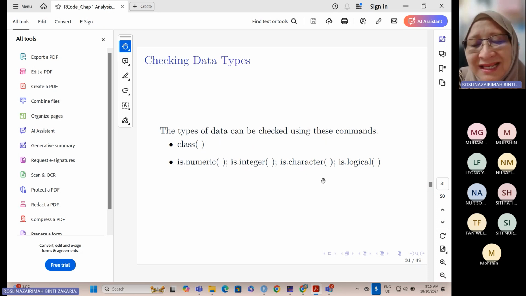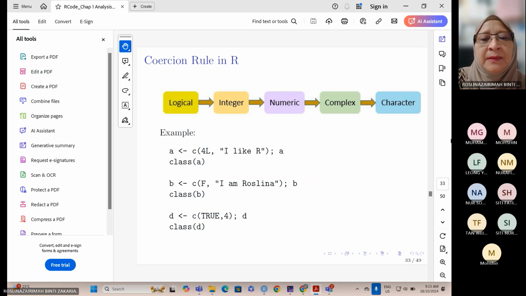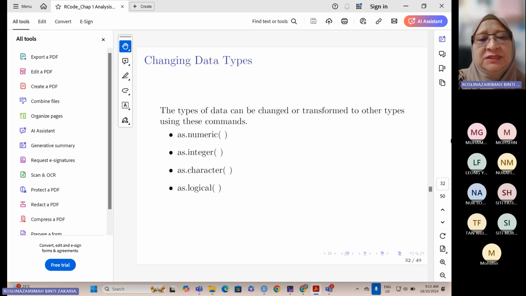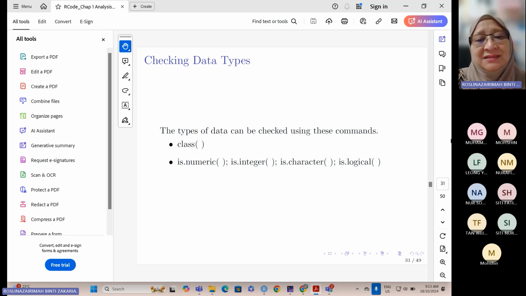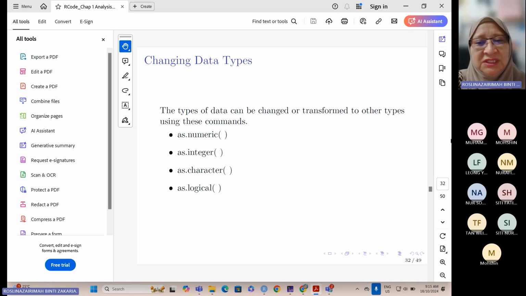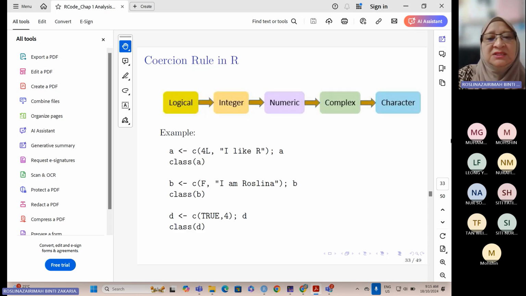So we use class, or sometimes we use str for the structure. If you want to check what type of data, we use is dot, where we specify the type of data, numeric, integer, and so on. We can also change the data type, as numeric, as integer, as character, and also as logical. We can change that.